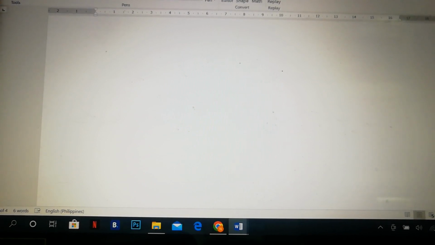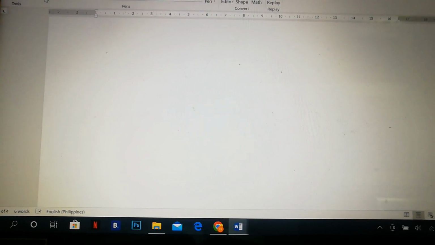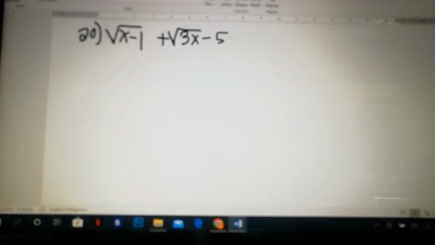20. So square root of x minus 1 plus square root of 3x minus 5 is equal to 2.